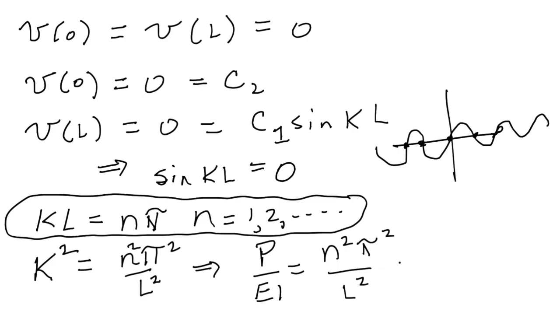And then we can multiply through by EI. And so P, the value of the applied load, is equal to n squared pi squared EI over L squared, for any n greater than 0, you're going to have a solution to our differential equation. So in other words, there's an infinite number of solutions to our differential equation, is what this is saying.